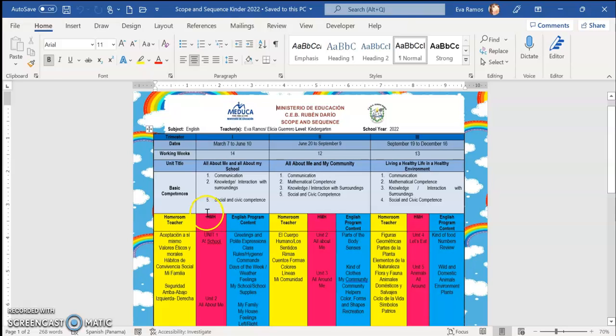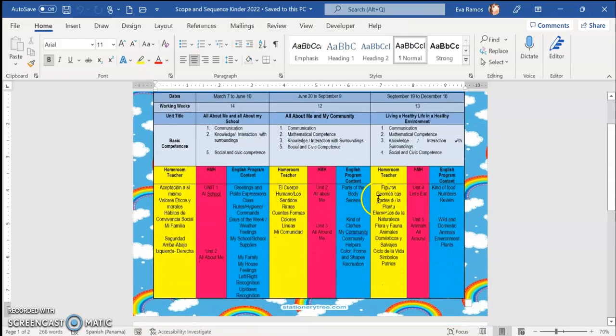And even if I'm not using the CBE planning format, I still consider it's important to have the competencies in mind. What I did, particularly during the pandemic, was to organize my planning in such a way that I could have a relationship between what the homeroom teacher or the kindergarten teacher was teaching.